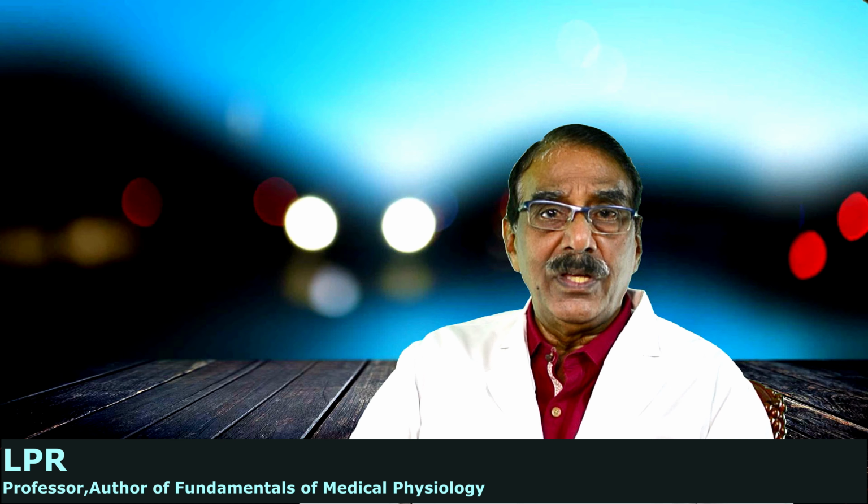Number 1, the person should be normothermic and normovolemic, and he should remain in a state of coma, and the subject should exhibit apnea with his arterial blood CO2 levels rising to more than 50 millimeter mercury.